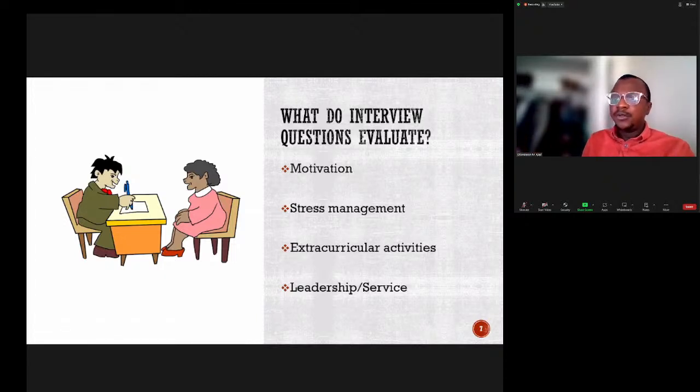A lot of times, people come to this point in their lives and the only thing about them is academics. That's not going to cut it for you. So make sure you are engaged, and if you have younger ones still in the university right now, please talk to them. Let them be engaged in extracurricular activities. You can join a debate society, a quiz group, a journalism group on campus, or be part of student politics.